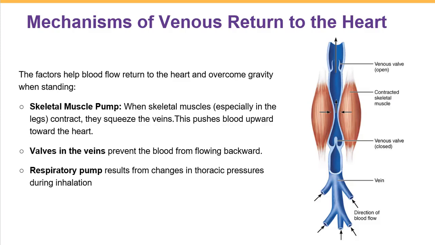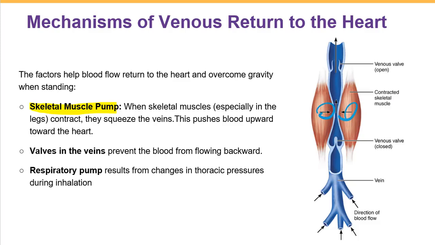There are some factors helping blood flow return to the heart and overcome gravity, especially when we are standing. First, we have the skeletal muscle pump. The skeletal muscles, especially in our lower extremities, in our legs, contract and squeeze the veins, as you can see in this picture.